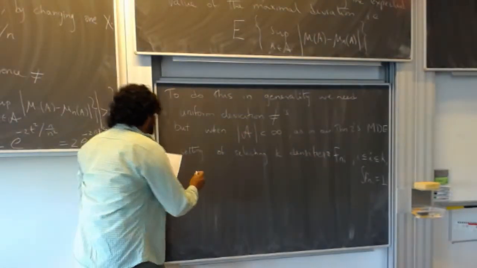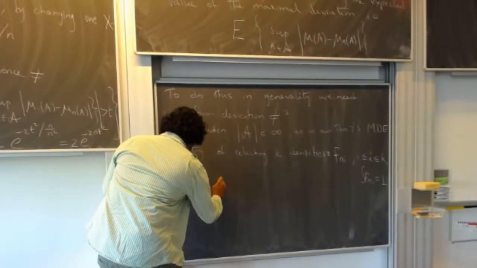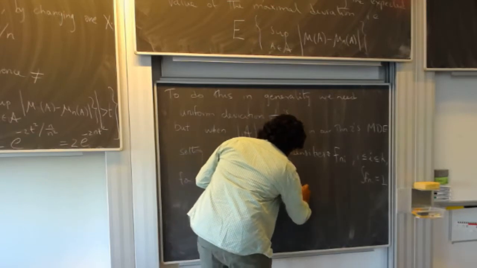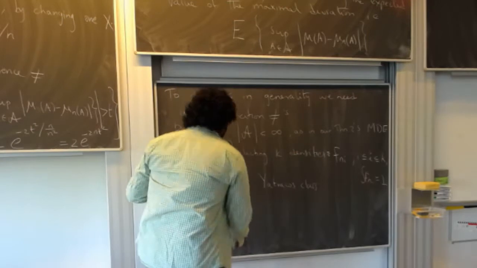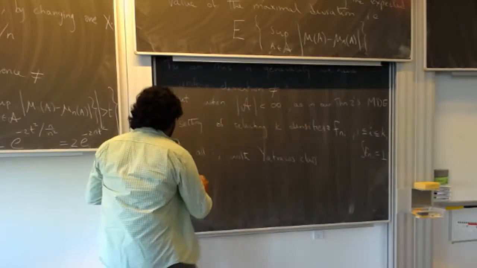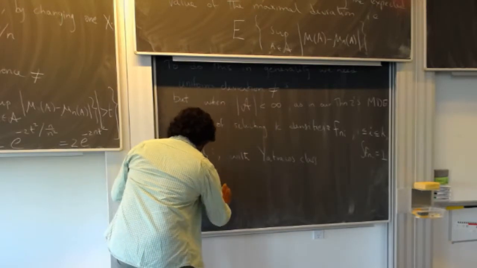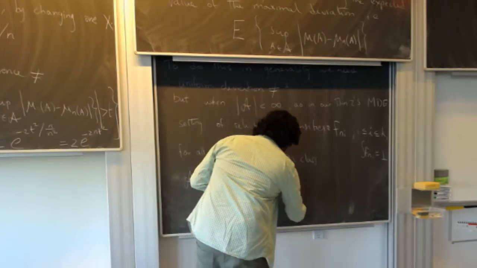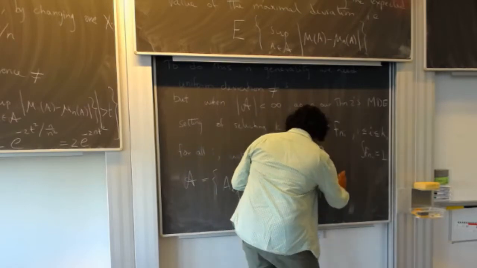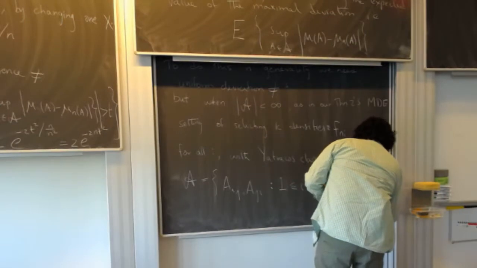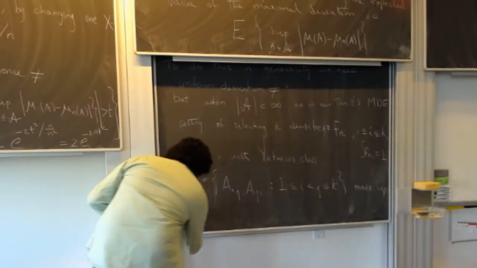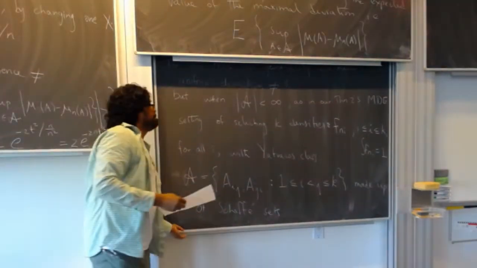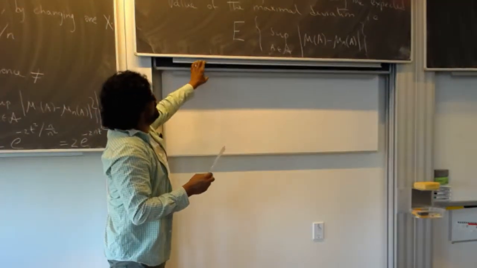So for all i, our Yatracos class forming script A obtained coming from our ordered pairs of such sets. Right? Well, that's our destination.